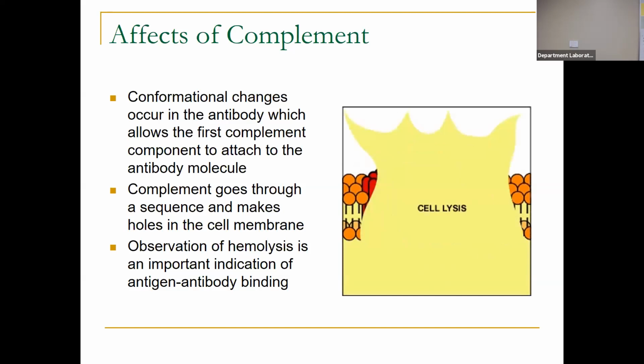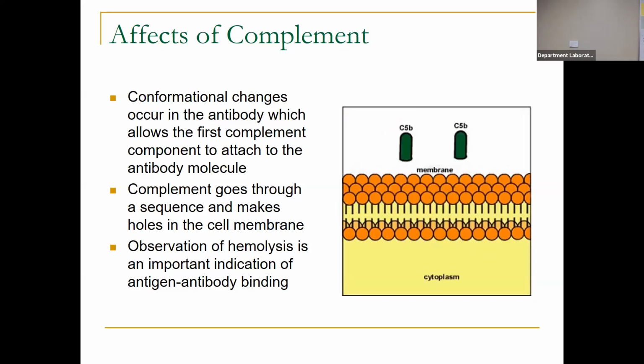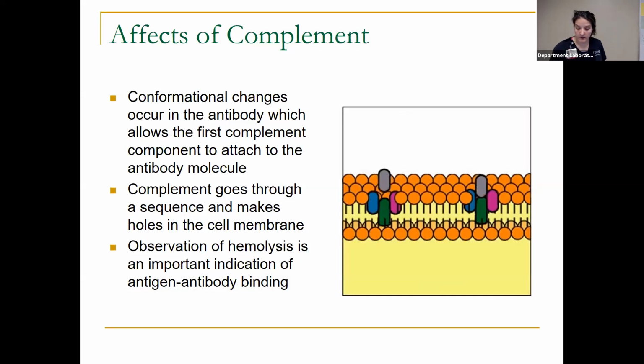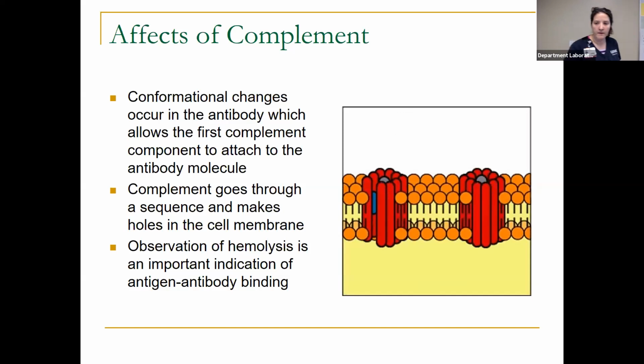Our reagent will detect that C3b, C3d. That's what we're detecting. So once complement is activated, C3b, C3d remains on some of the cell membranes, and that's what our anti-human globulin reagent is attaching to, and we can detect complement that way. And again, typically you'll see hemolysis if it's complement involved.